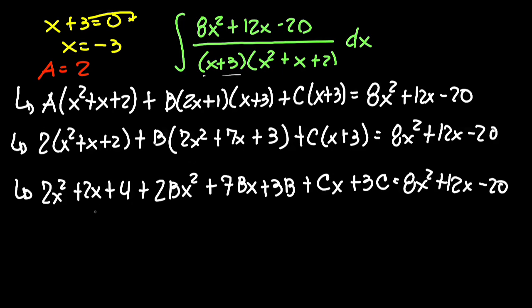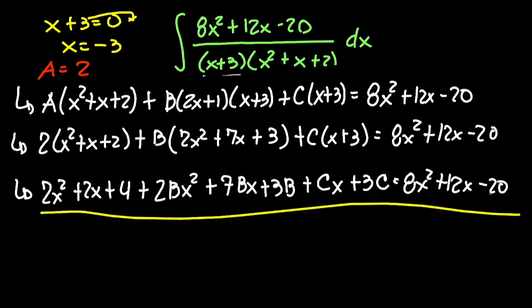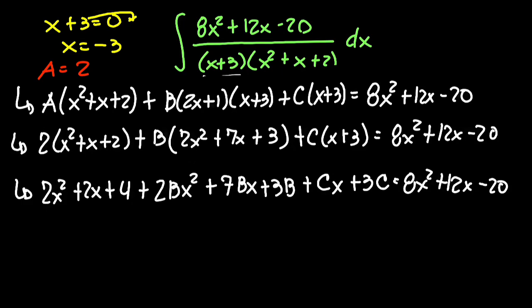And now that we have all of these values here, what we're going to do would be to isolate all values that have an x squared. This should be the first, the second one, and the third one in here, and just equate these to each other.